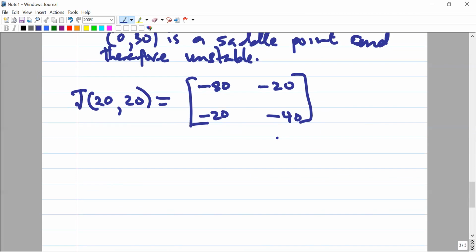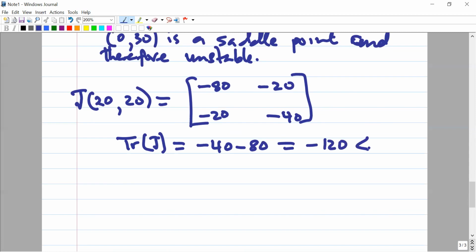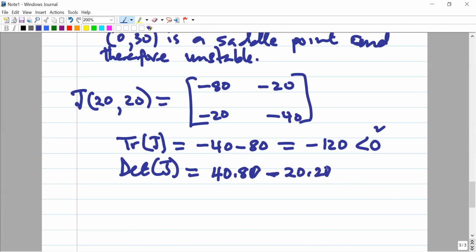Now in this case I just want to use the trace and determinant. The trace of J is minus 40 minus 80, which is minus 120, which is less than 0. What about the determinant of J? That would be 40 times 80 minus 20 times 20. Surely 40 times 80 is greater than 20 times 20, so the determinant is greater than 0.